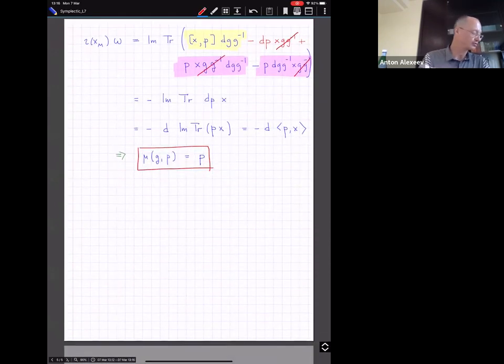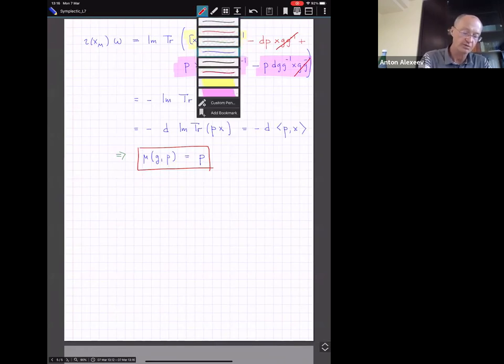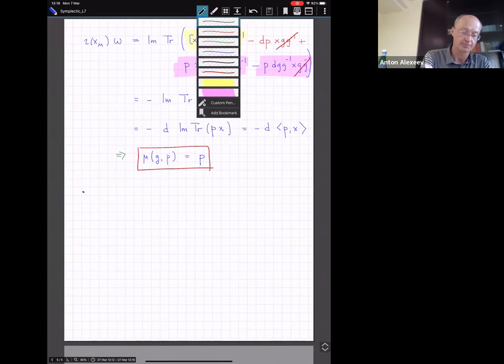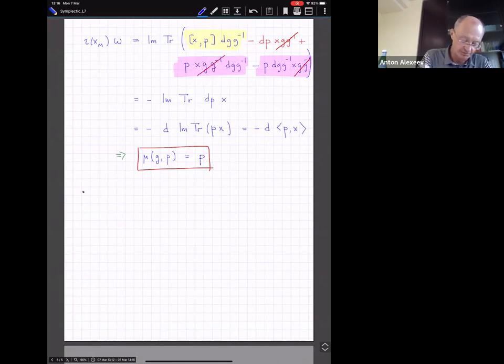Now let me torture you with one more calculation like this. There is another action, and this action looks as follows. G goes to G H minus 1, and P simply goes to P. So this is another G action, or Un action, on the cotangent bundle.